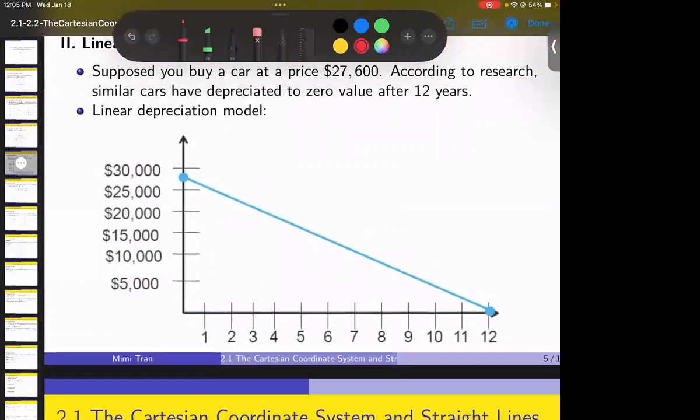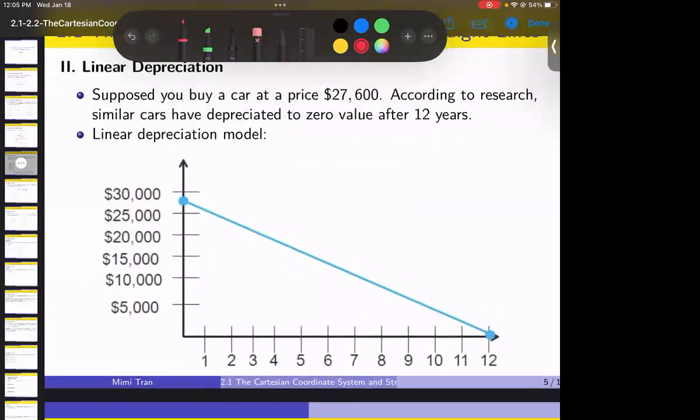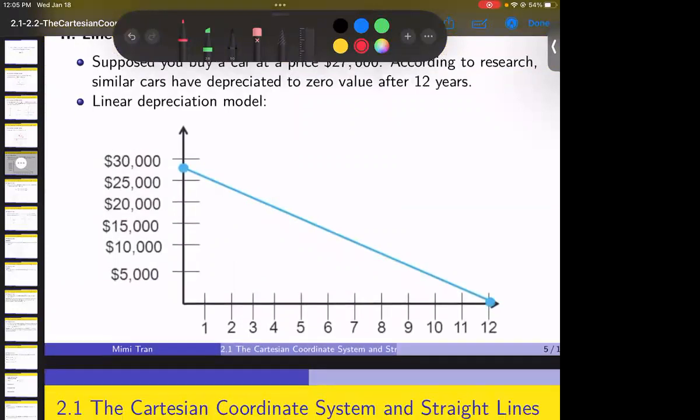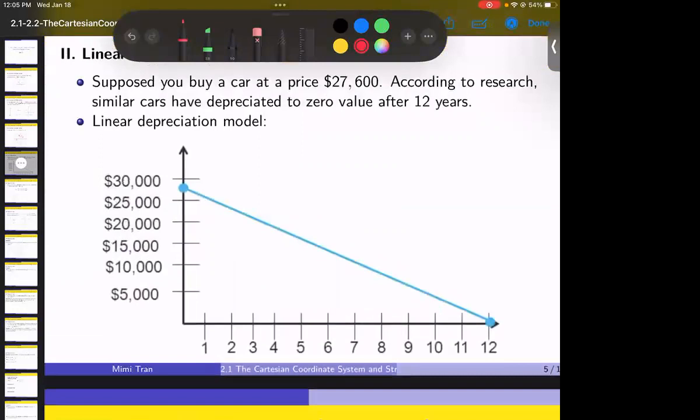So at t equals 0, when you first bought the car, it's $27,600. And then the moment you drive off the parking lot, it starts depreciating in value. Right? After 12 years, the price is 0. By looking at this graph, can I construct a depreciation linear function? In another way, can I construct an equation for that blue graph?